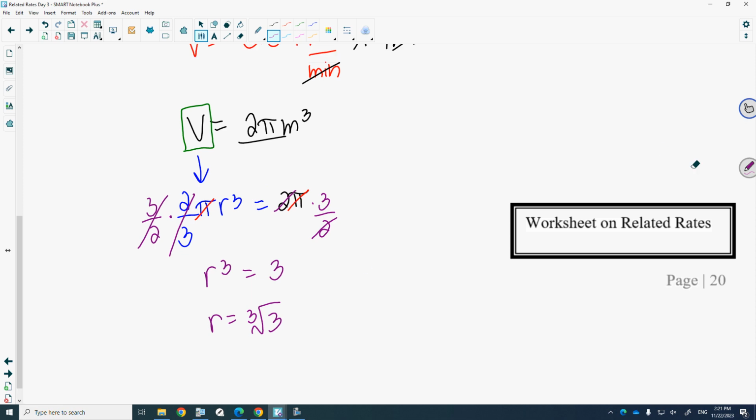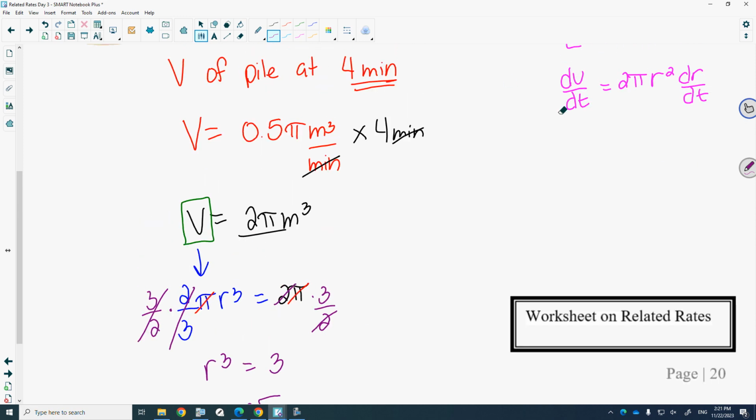So now going back up here, dV/dt, they gave me, was 0.5 pi. So 0.5 pi is equal to 2 pi times r, which I just calculated. r is the third root of 3.